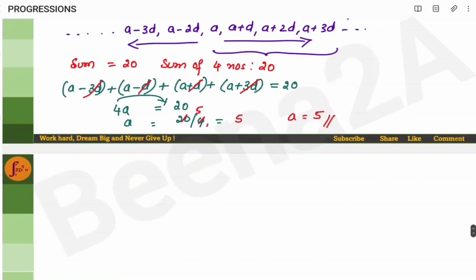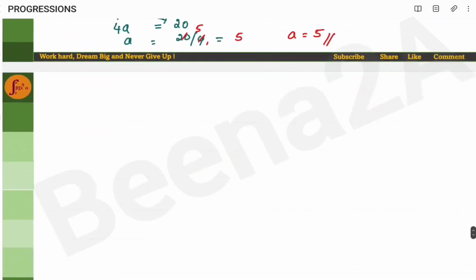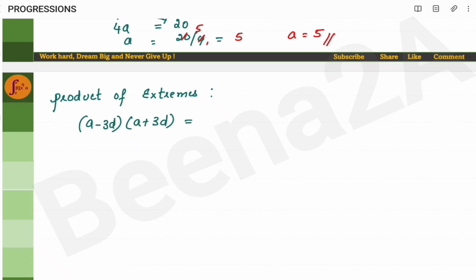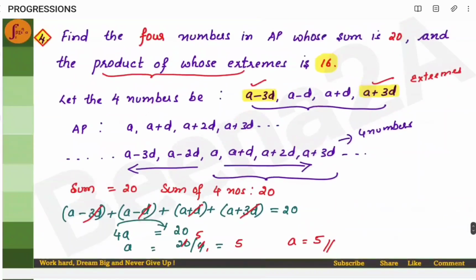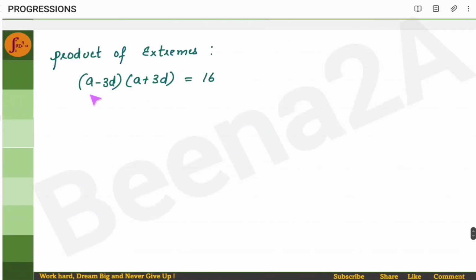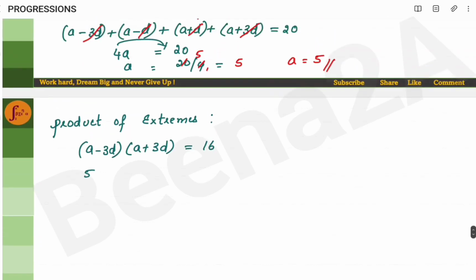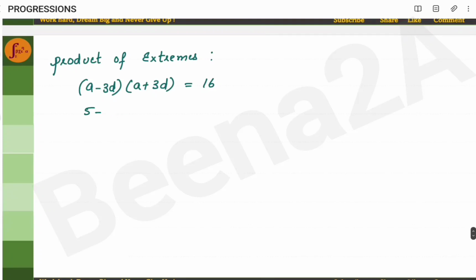Product of extremes, a minus 3d into a plus 3d is equal to 16, right? Now we know the value of a, right? a is 5. So 5 minus 3d into 5 plus 3d is equal to 16.